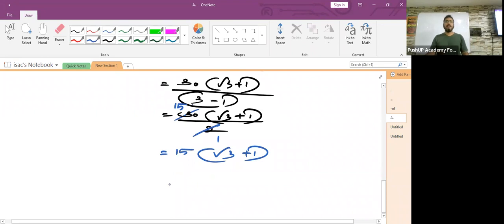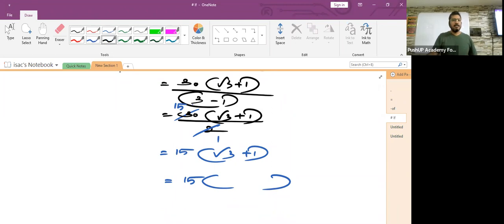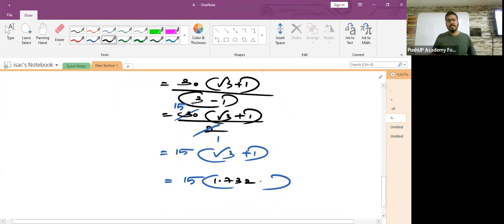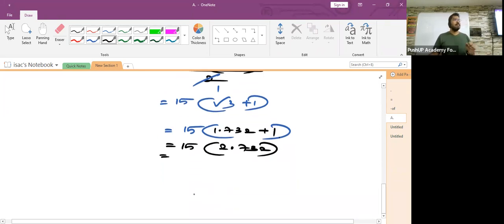15 into root 3 plus 1 is what you got. What is root 3 plus 1? 2.732. What is the reason? Very good. Root 3 is 1.732. So 15 into 2.732. See how much you got as the final answer.